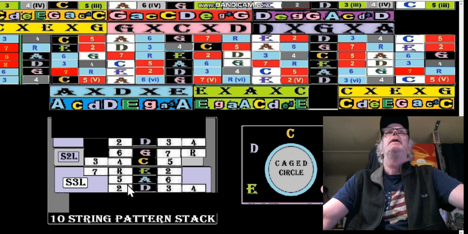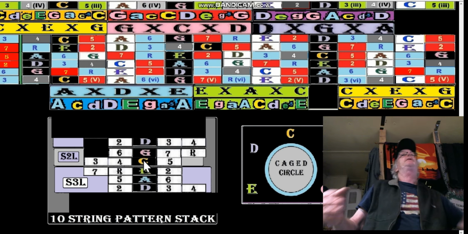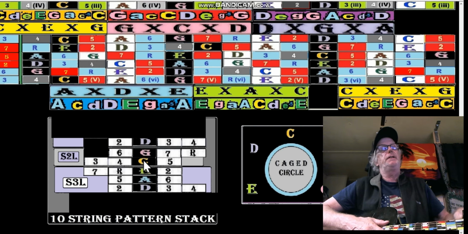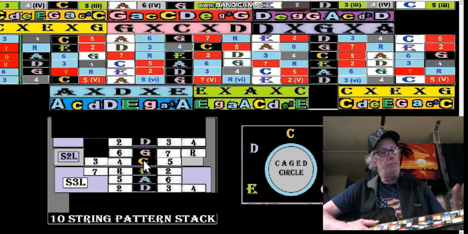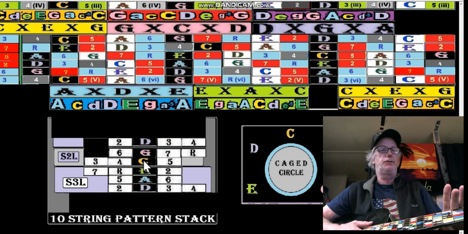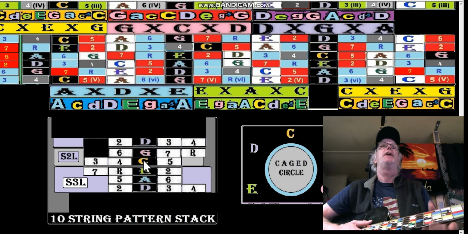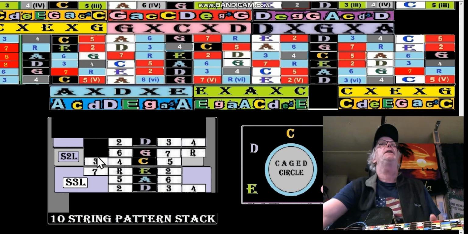Now remember, when you have the bottom label, the 2, 3, 4 on the bottom of the D, this is the D shape. It's either the shape that you would play in the key of D, but I have to remove the capo, which is where your fret nut is, to access the 7 and the 3 here.